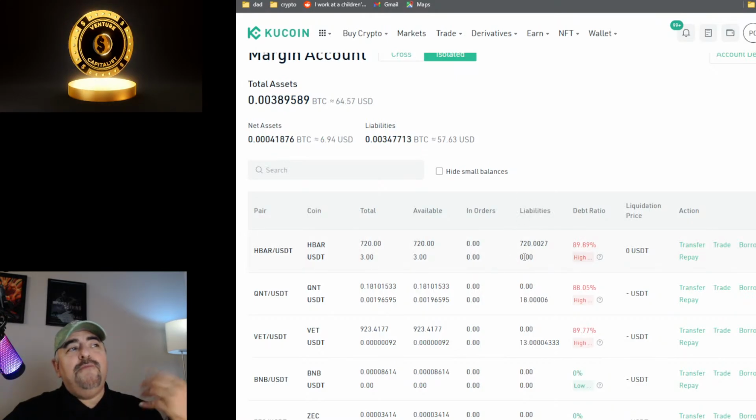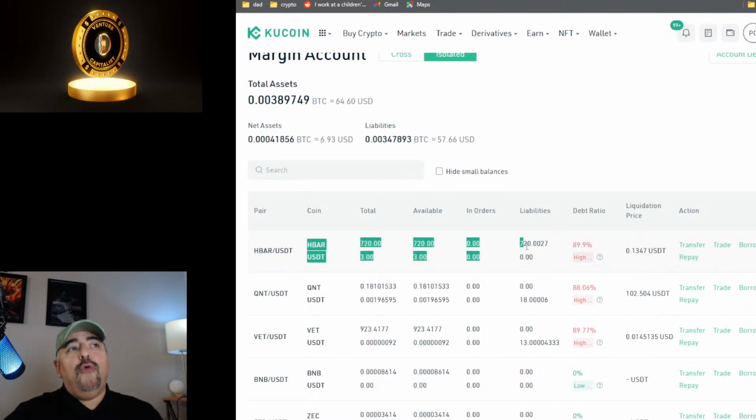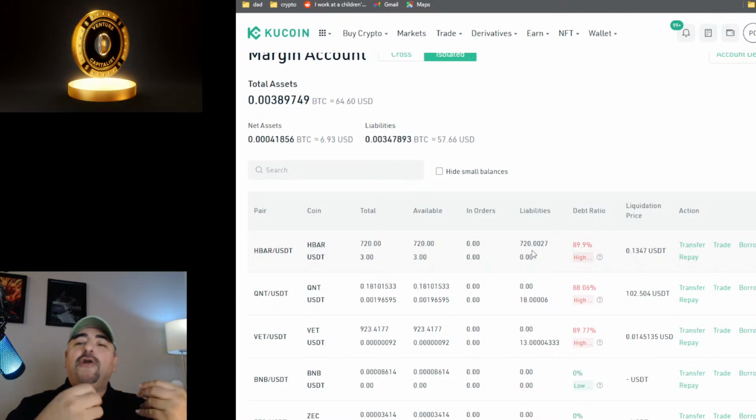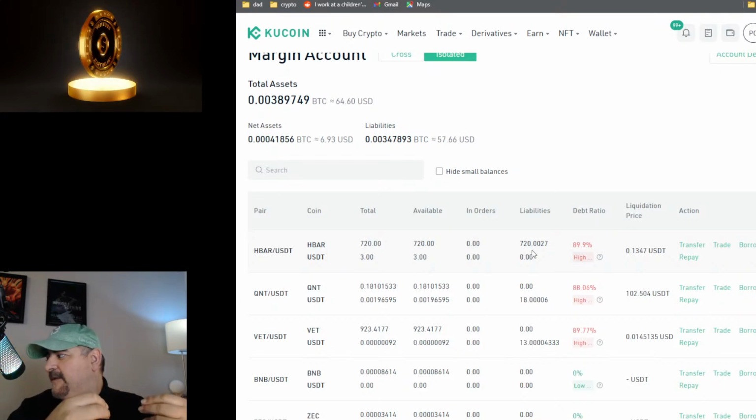So normally when you borrow to go long, you would borrow more USDT, which would be down here in liabilities. But since I'm borrowing HBAR, the liabilities go into the HBAR row, which is the upper row, which basically says I owe KuCoin 720 HBAR. Now what I owe them is the HBAR coin. Here's the secret.